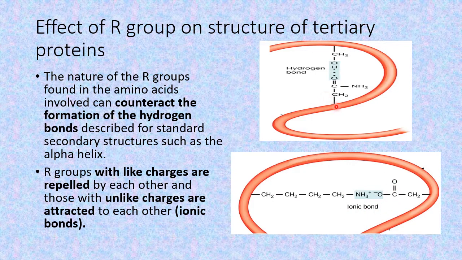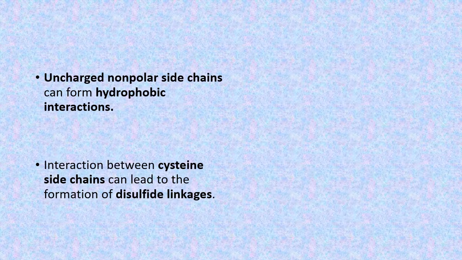Because of the formation of this hydrogen bond and the ionic bond in this part of the polypeptide sequence, these two parts, which linearly are quite far apart from each other, are now in contact. So they confer various structural and functional properties to the final protein that is being molded by the formation of these tertiary proteins.